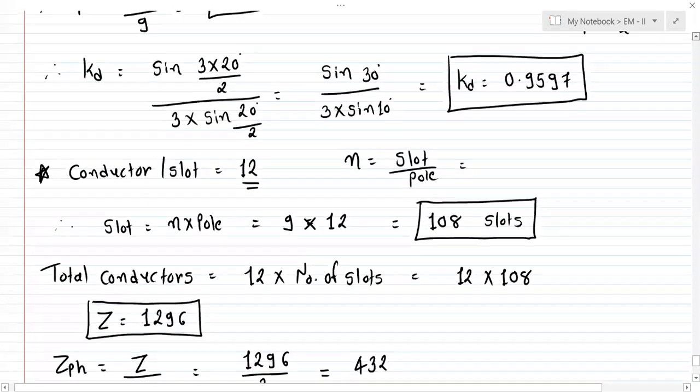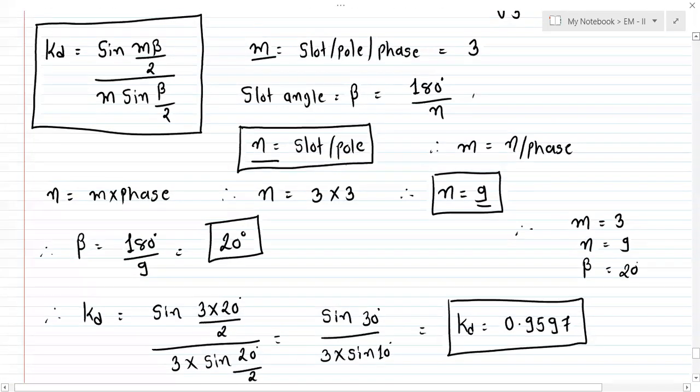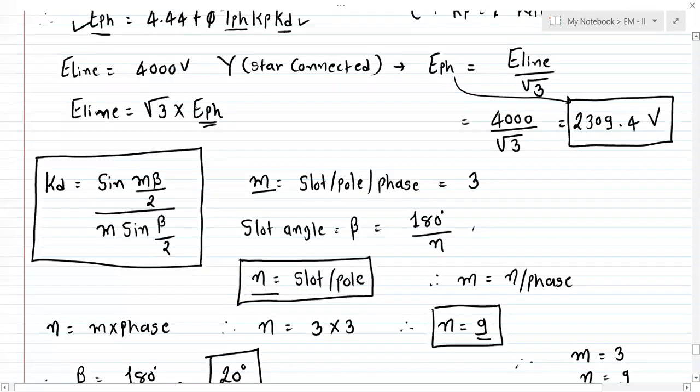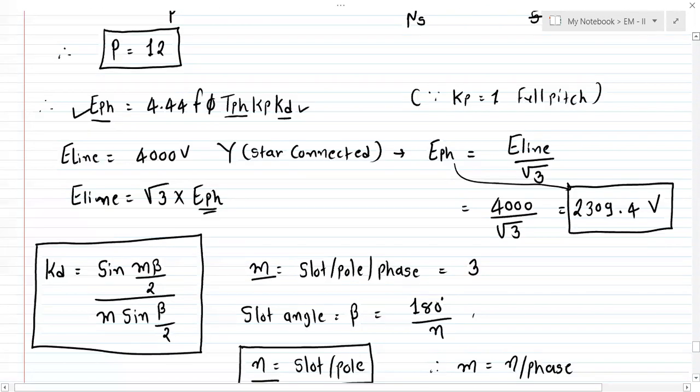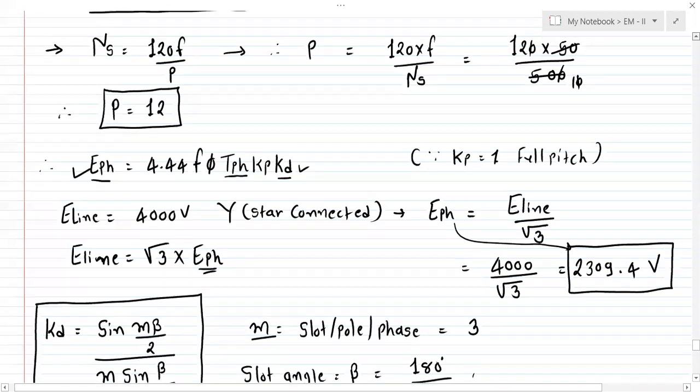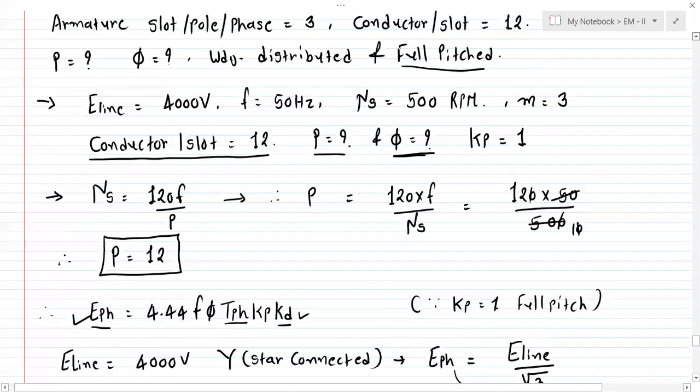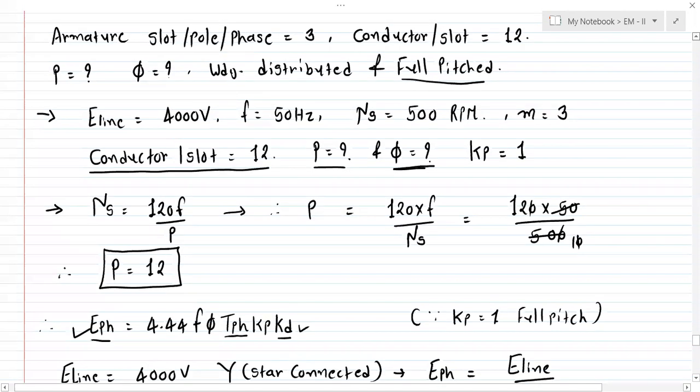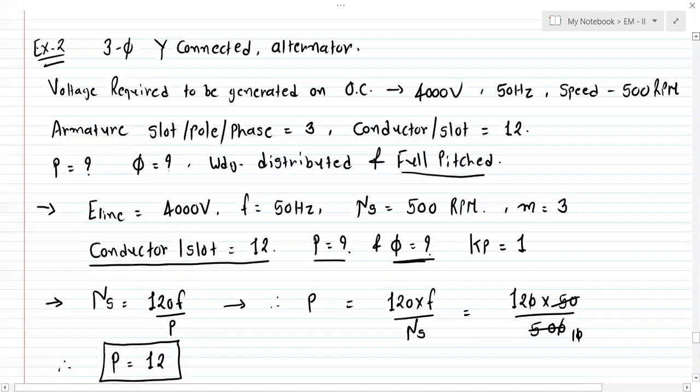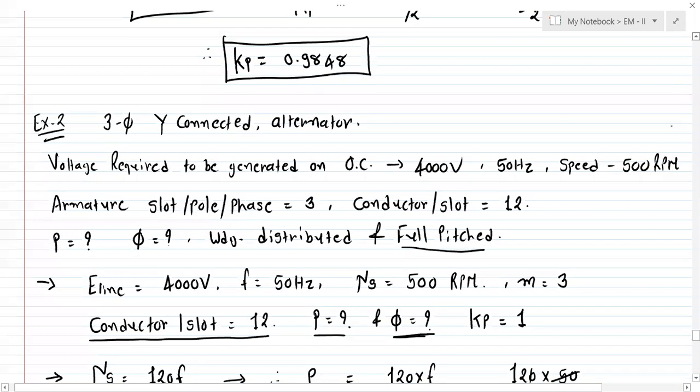It can be asked anything. It can be asked to find the slot angle, the pole pitch, the distribution factor. It can be asked to find the pitch factor when it is short pitched. Here it is given full pitched, that's why we have Kp equal to 1. Okay, so this is the example.